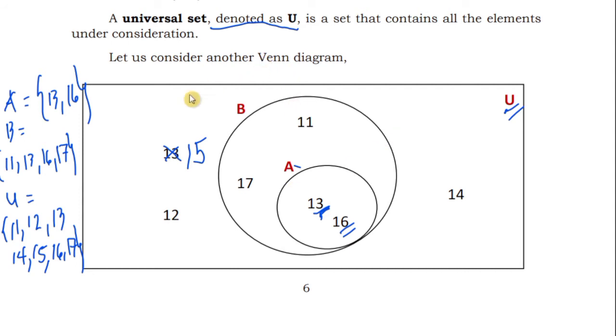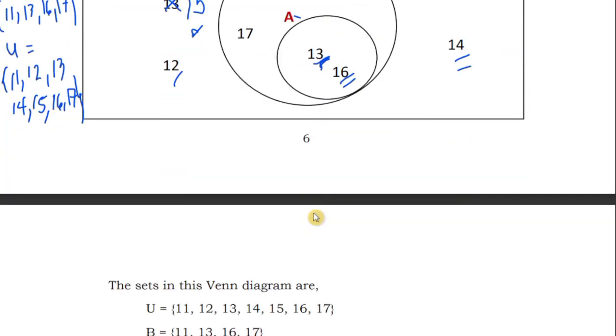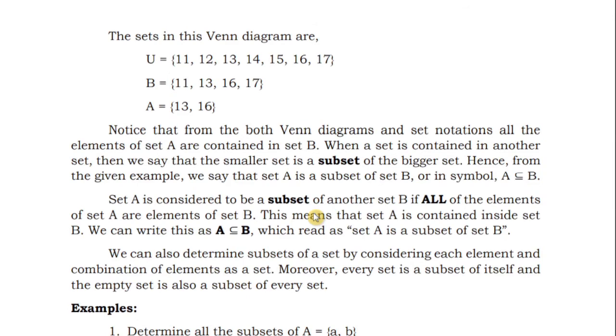The universal set has 11, 12, 13, 14, 15, 16, 17. And take note that 12, 14, and 15 are outside the big circle, which is set B, and set A. So that is how we represent the pictorial graph of the given sets, and that is what you call the Venn diagram.